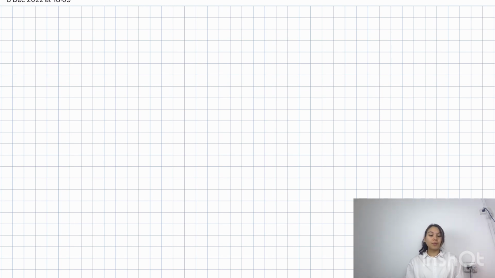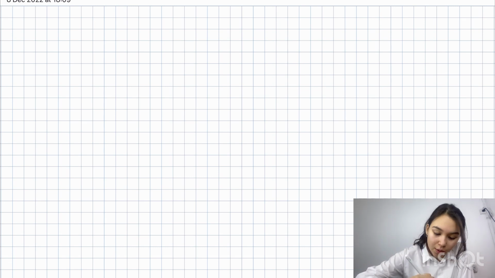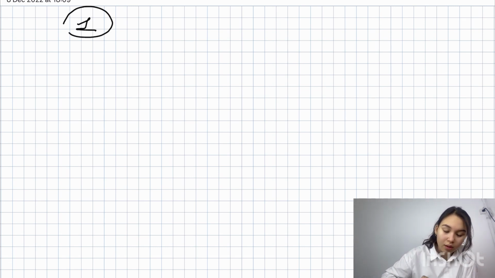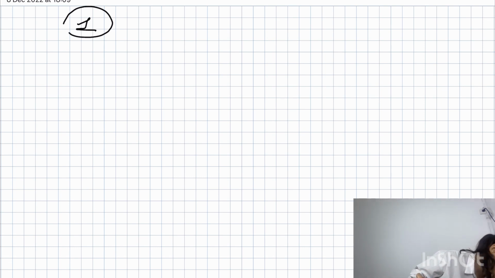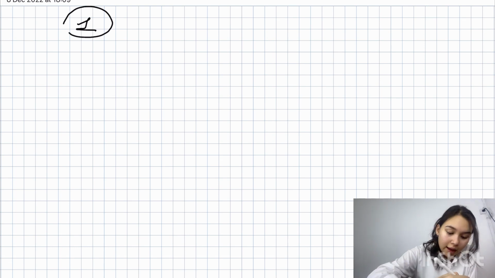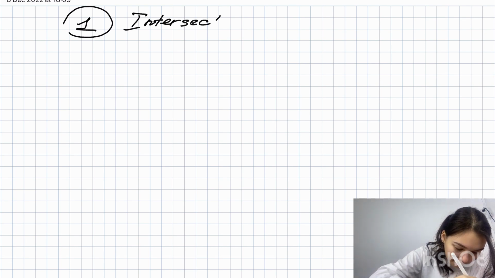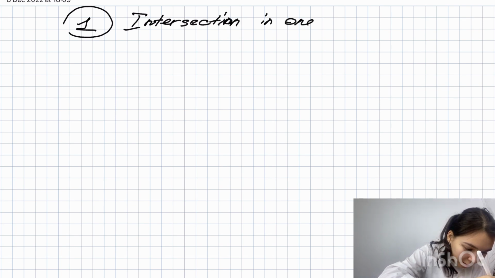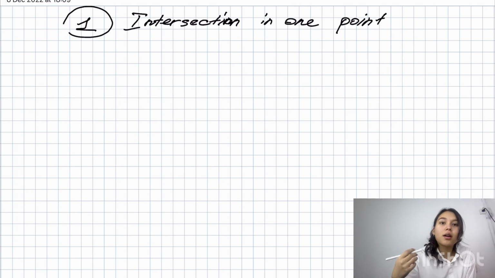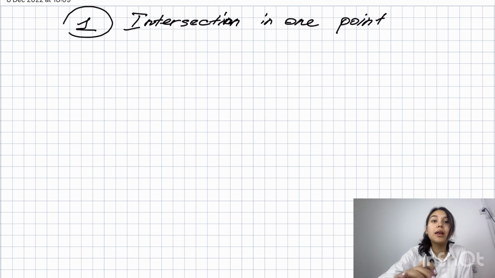So first of all, the first way, like the first example, is the intersection in one point, like the previous example, but I may explain the other ways also.